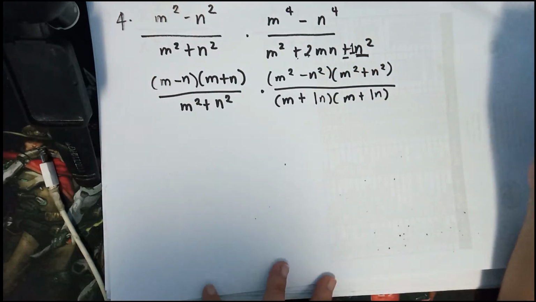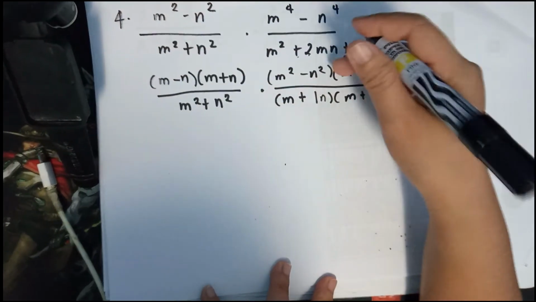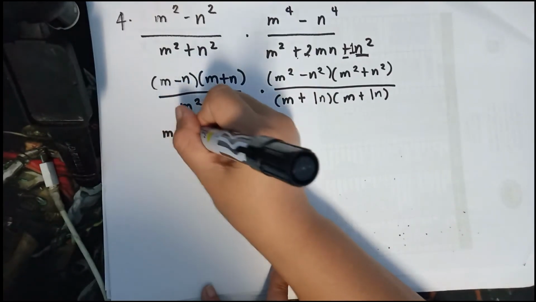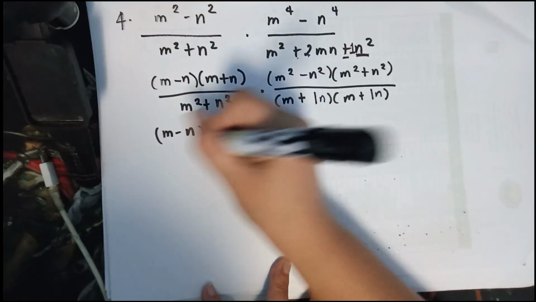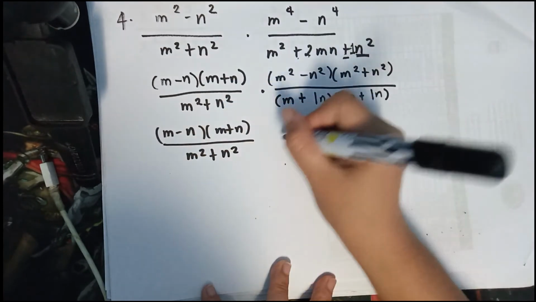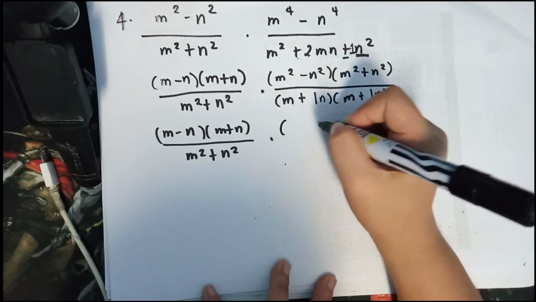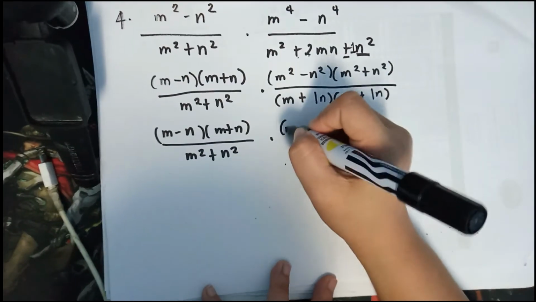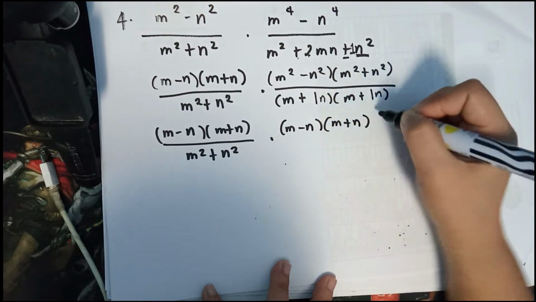Next, still, we can factor out m squared minus n squared. M minus n, m plus n over m squared plus n squared times. Since this is difference of two squares, the factors are m minus n and m plus n.